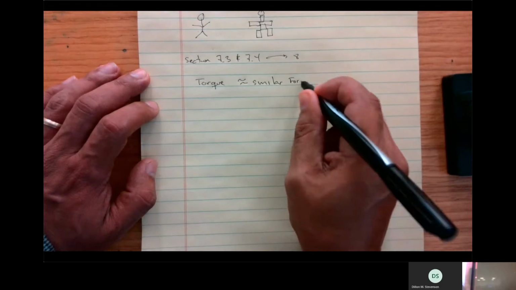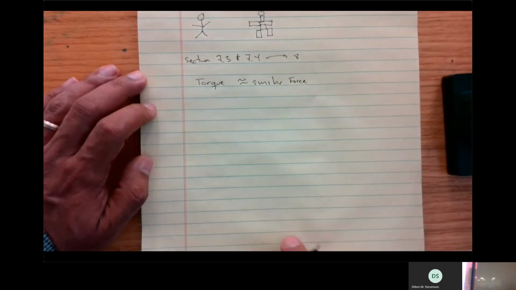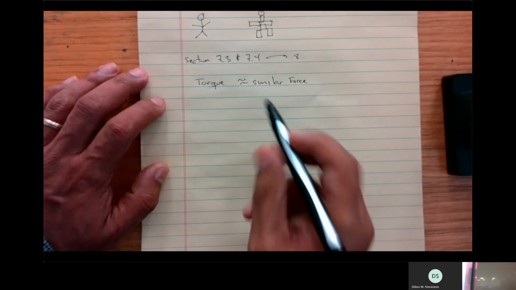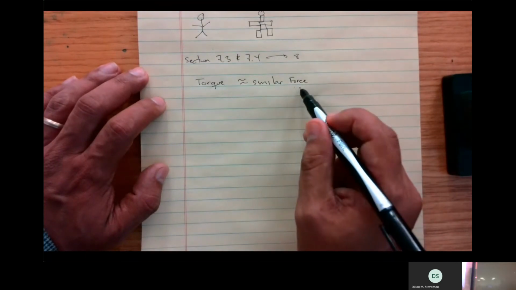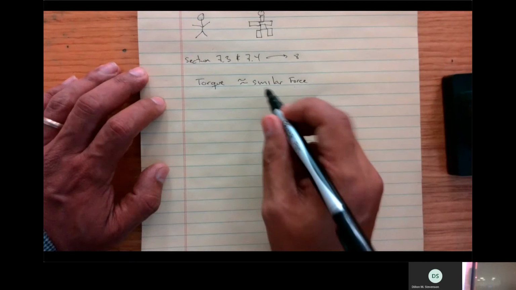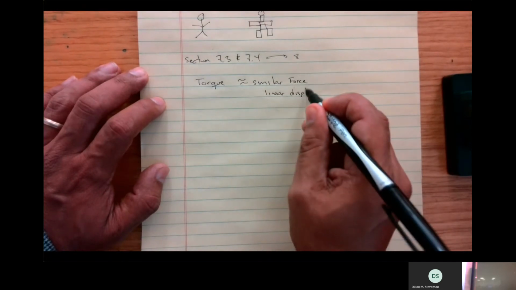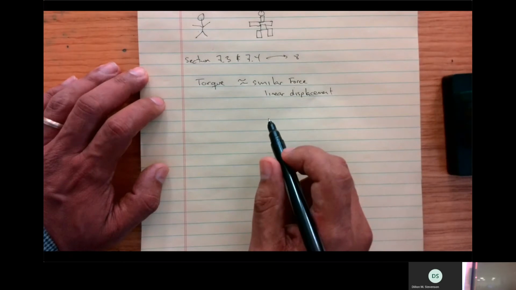The main difference is that a force is going to create a linear displacement, and it can create an acceleration and can create linear velocity. When you apply a force, the idea is that it's always going to be displaced in a straight line.